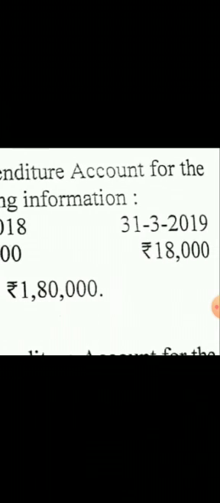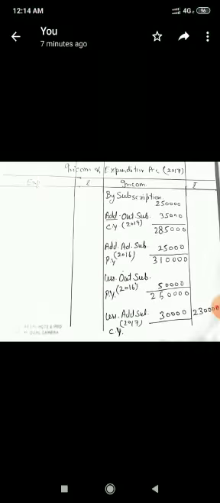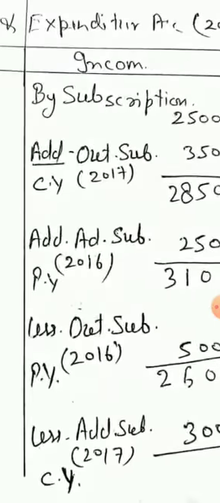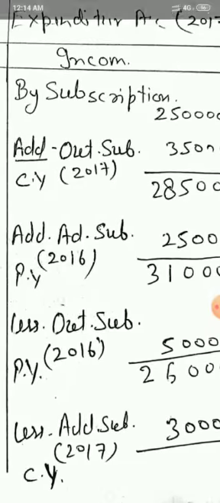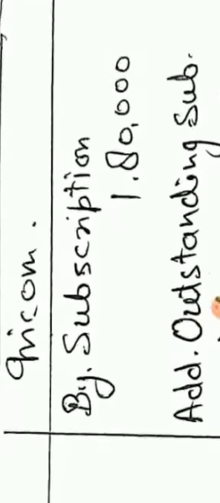Now we are going to see how to solve this question. Just see, in the income and expenditure account, first we are showing by subscription 1,80,000 on the income side.